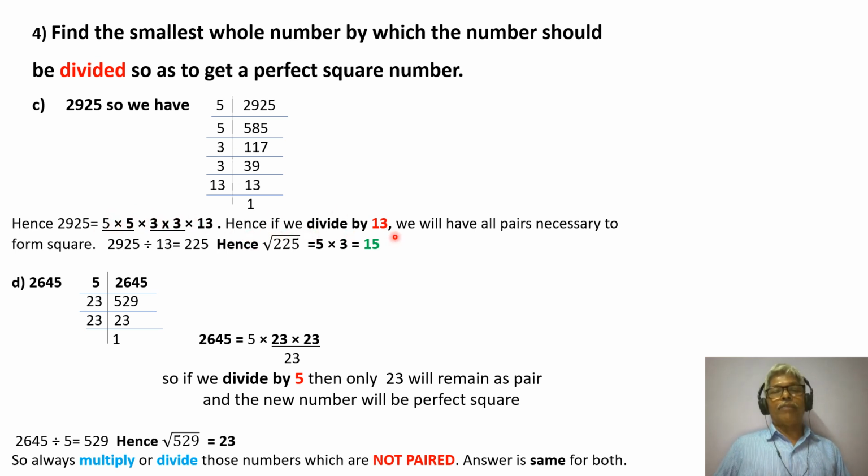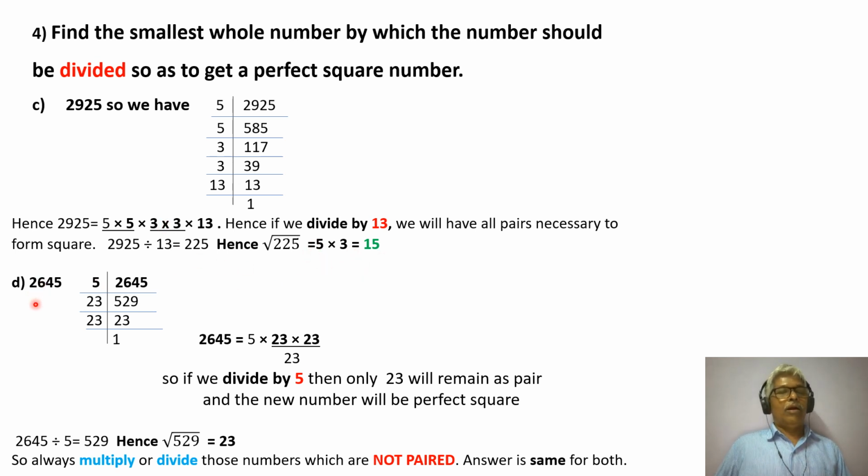So if we divide by 13, we will have all pairs necessary to form a square. Okay, so 2925 divided by 13 is 225. Got it? Very simple. Hence this new number which has formed is a perfect square. Hence the root of 225 is 15, because 5 into 3 is 15.